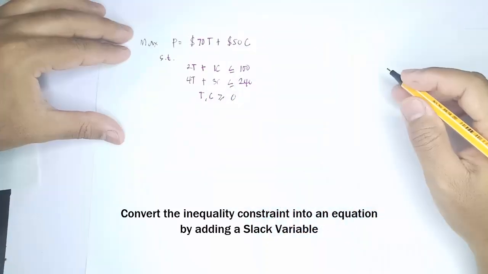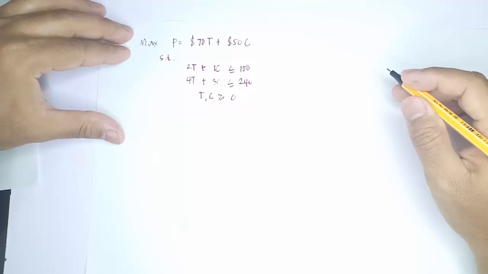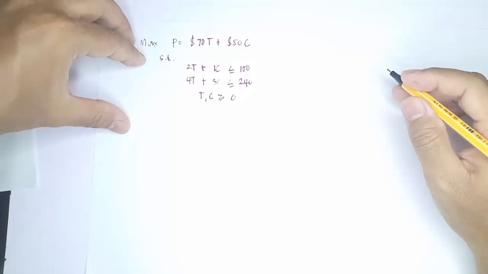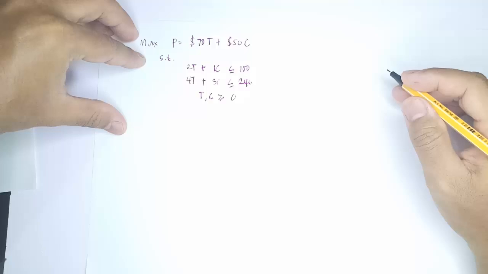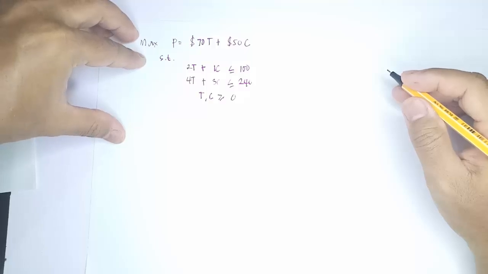In order to transform the LP model into its equivalent standard form, we need to convert each of the constraints into an equation by adding a slack variable. Slack variables are added to less than or equal to constraints.